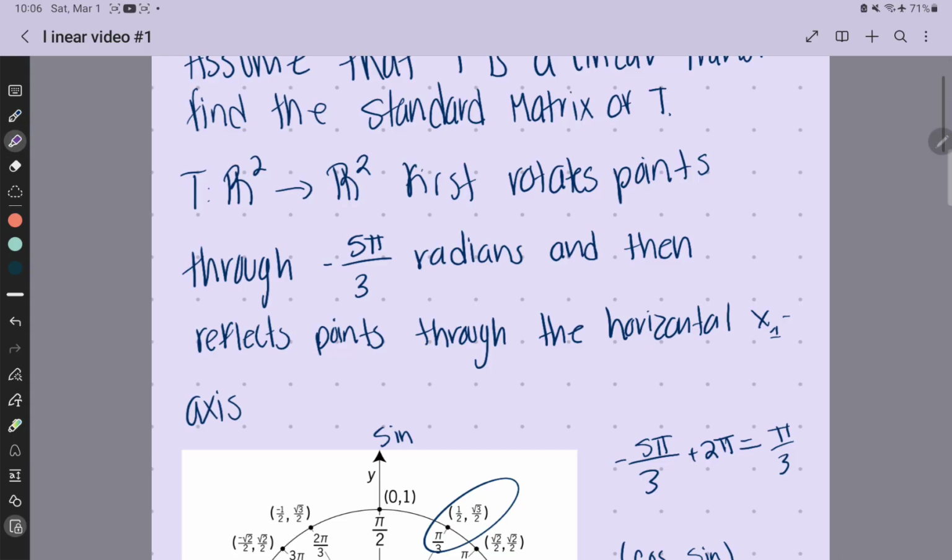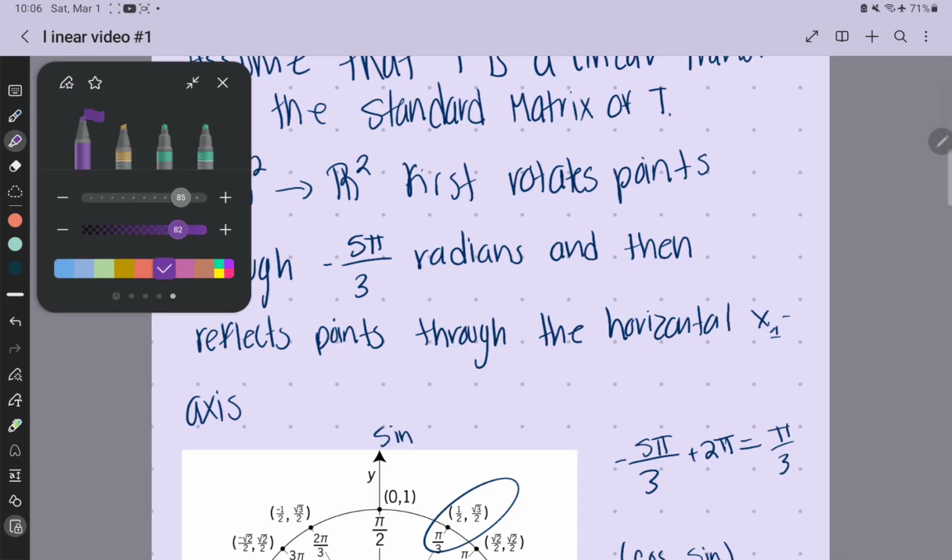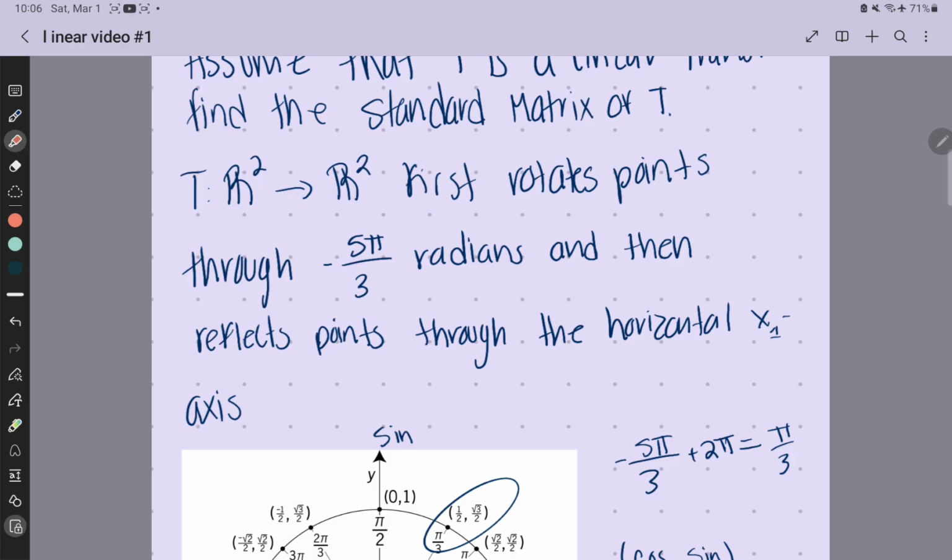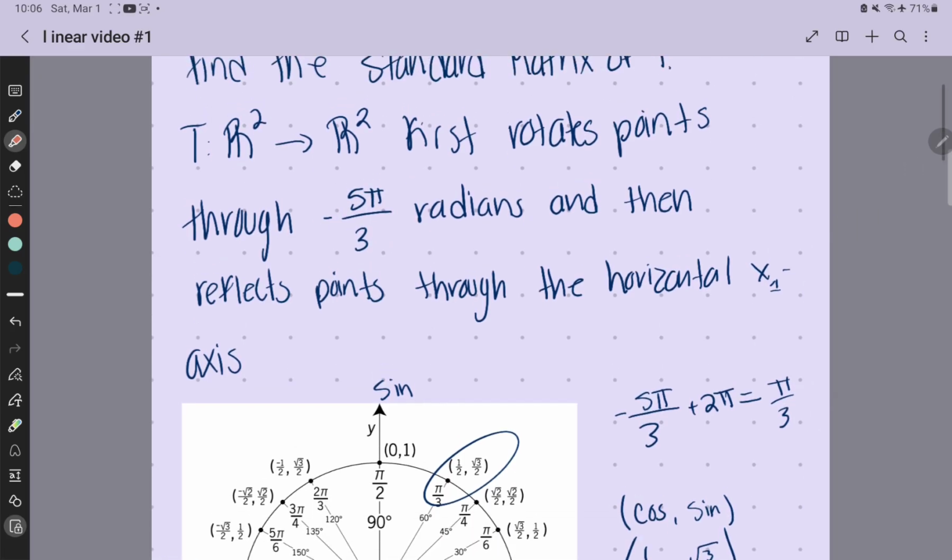I'm going to point out something really important that stood out to me. It said that it first rotates points through negative 5 pi over 3, which we found is, in simplified form, pi over 3, the vector and so on. And it says it then reflects points through the horizontal x axis.